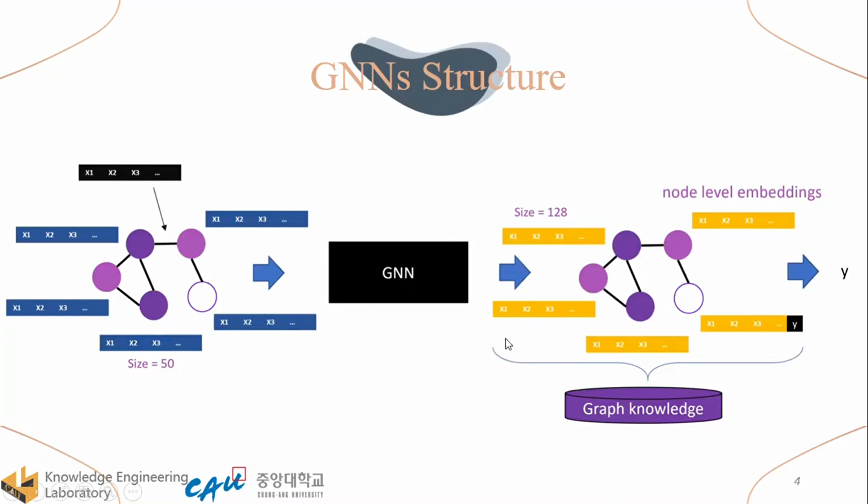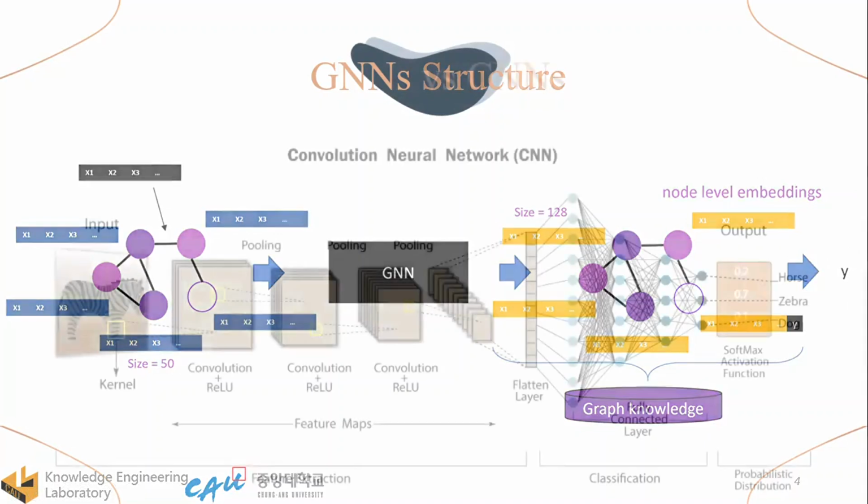After the embedding step, we can encode this input graph data into this embedding graph data, which consists of the whole graph knowledge, which we can then use to predict some output value depending on our application.